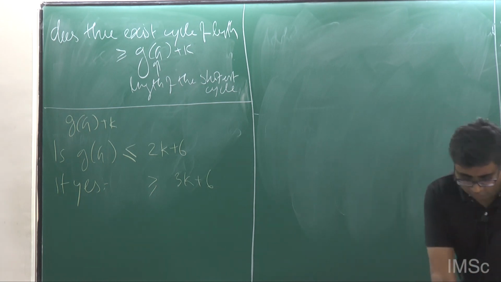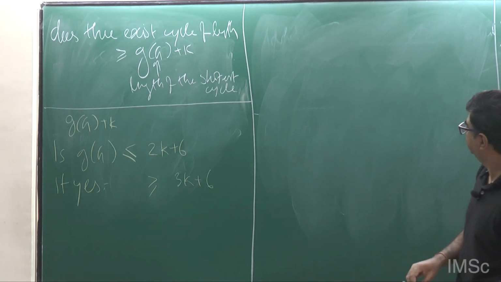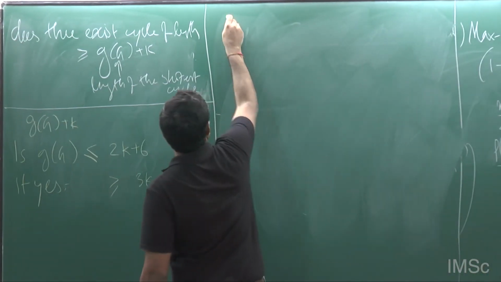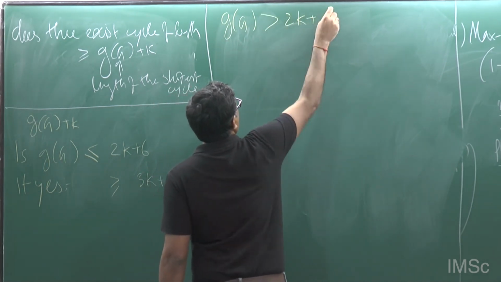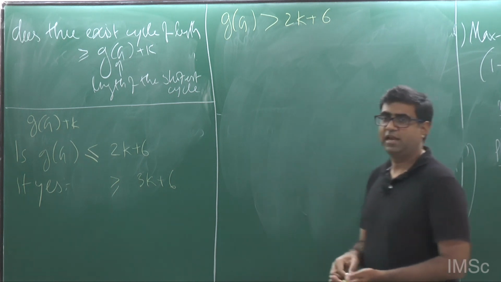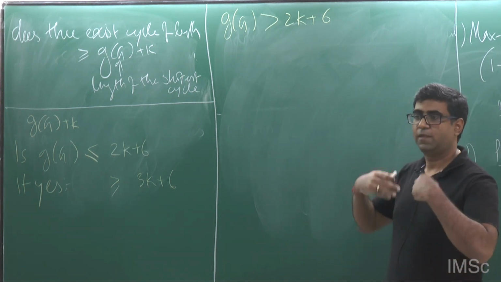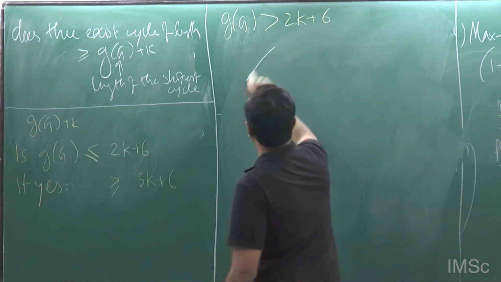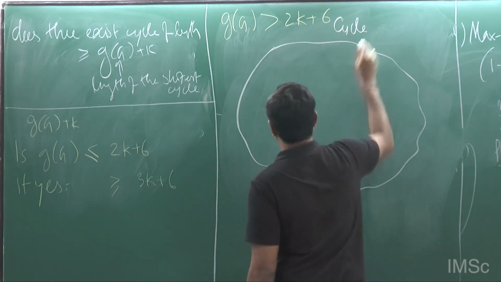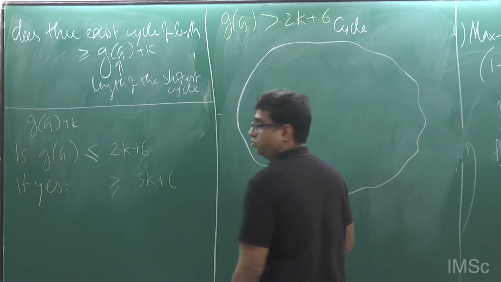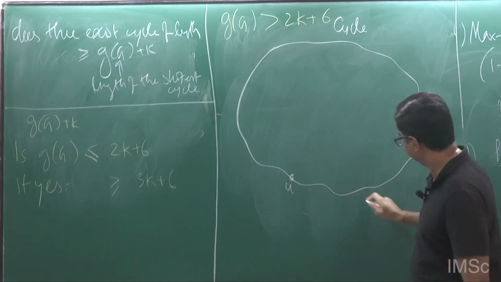Okay. So now let's look at a graph. So what is the case we are in? The girth of the graph is, say, 2k plus 6. And now let's look at our solution. So the solution is some cycle. Okay? Pick a vertex u, any vertex u.